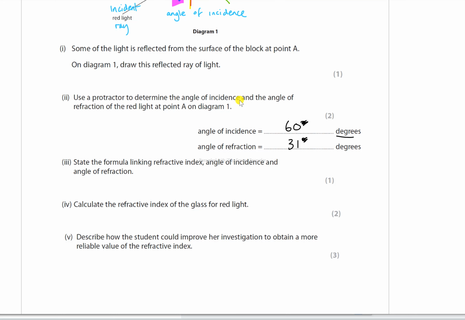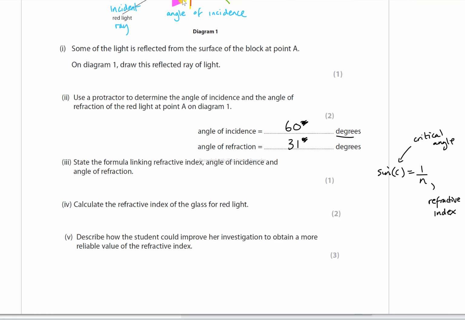Right, state the formula linking refractive index, angle of incidence, and angle of refraction. Oh, right, okay. So remember those two formulae. Sine C equals 1 over n. That there is a critical angle, and this is the refractive index.